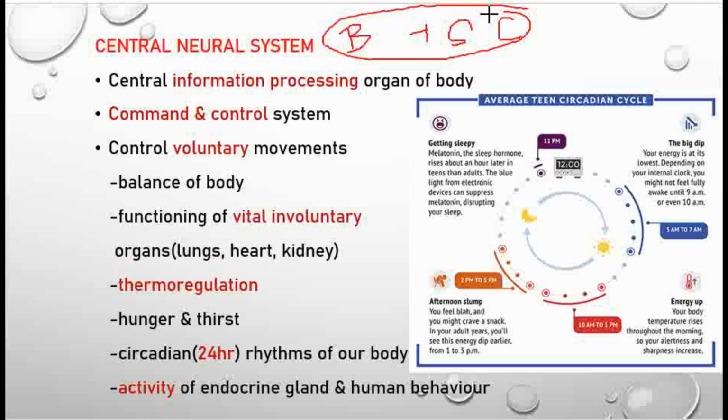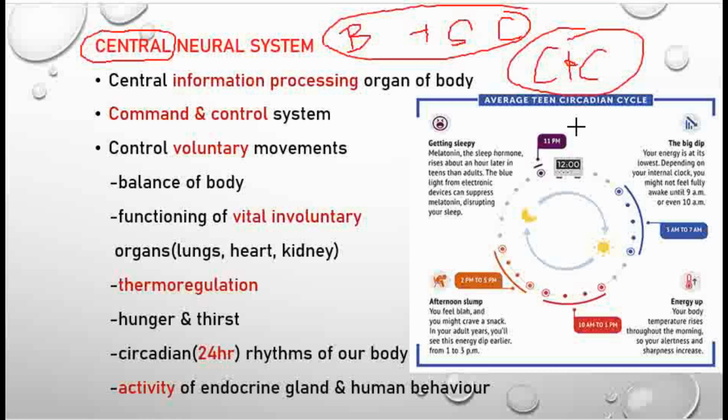That's why we are calling it the central neural system. It combines and coordinates activity across the whole organism, our whole body. So this is about the central nervous system.